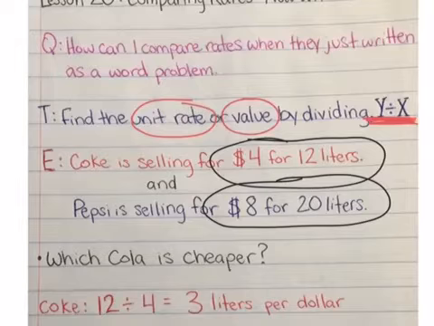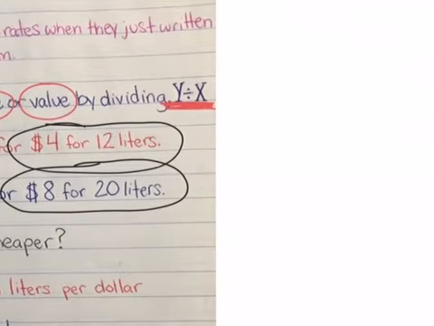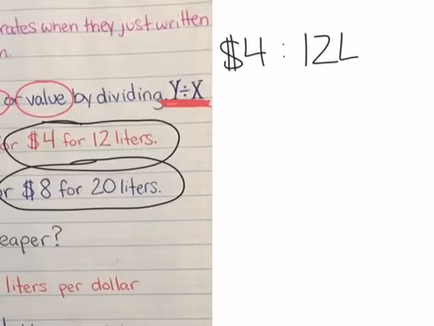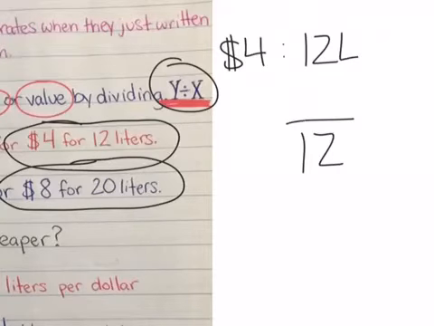Over here, a little bit of free space. So we have $4, which is our x, and 12 liters, which is our y. So let's take our y, and like we did here, divide it by our x. So 12 divided by 4.